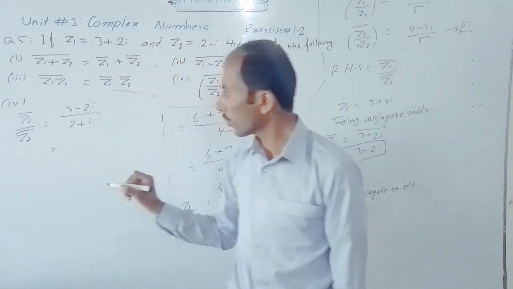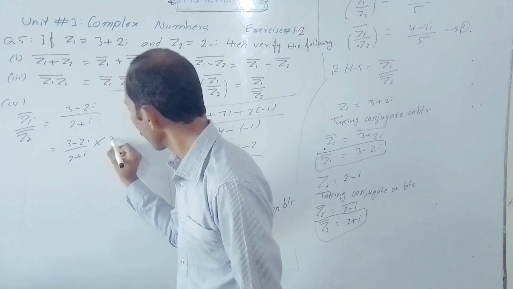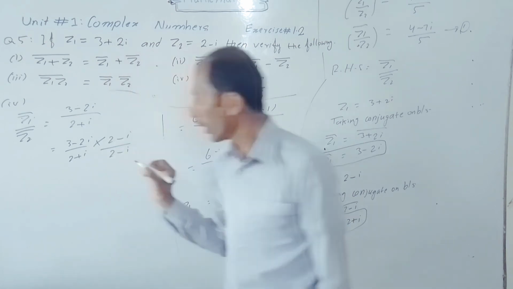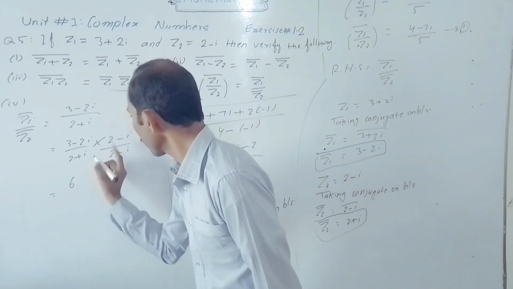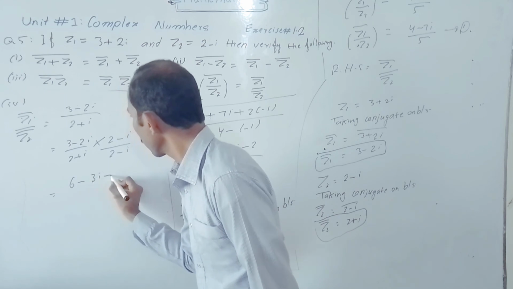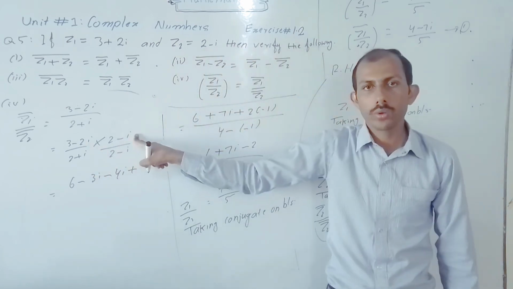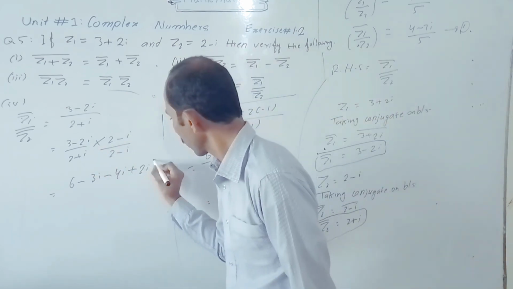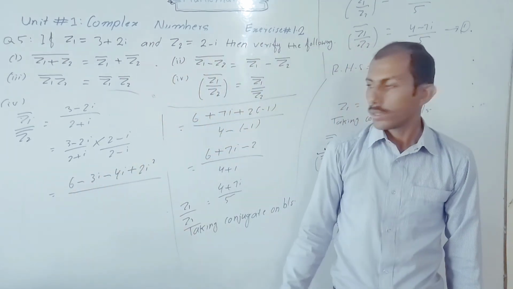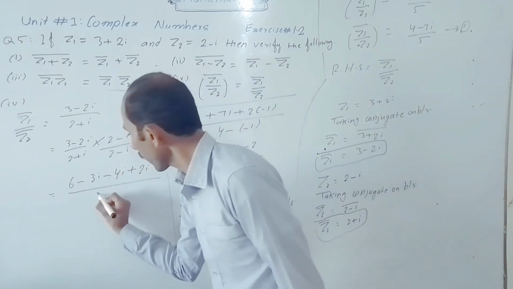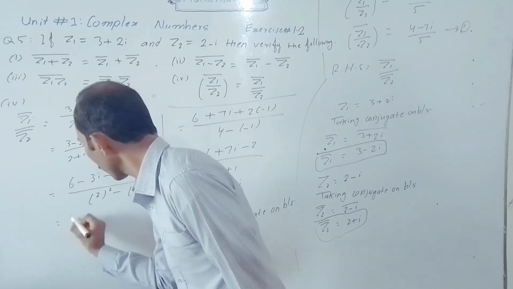So which is equal to (3 minus 2i) divided by (2 plus i), by rationalization, multiply by (2 minus i) divided by (2 minus i). So 3 times 2 is 6, minus 3i, minus 2 times 2 is 4i, minus times minus, plus 2i times i is 2i squared, divided by (2 plus i) into (2 minus i), which can also be written in the form of 2 squared minus i whole squared.